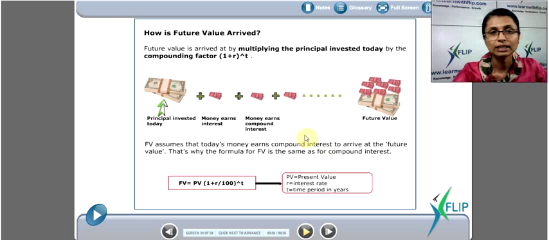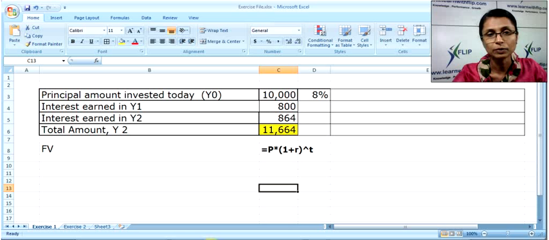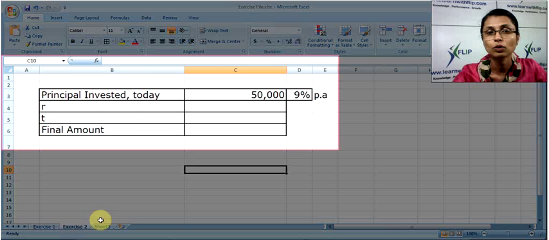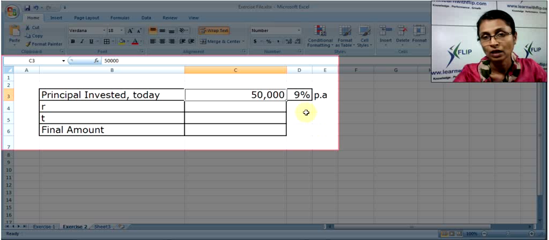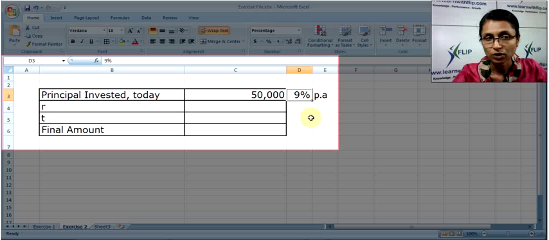So knowing this, let's try another example. You're told that you have invested 50,000 rupees in a fixed deposit which is getting compounded quarterly. It is paying you 9% per annum. And how much will you have after 3 years?